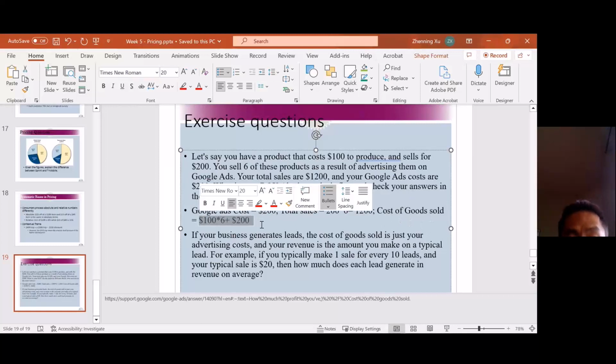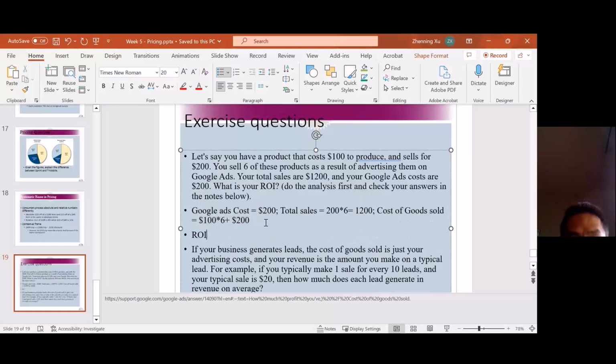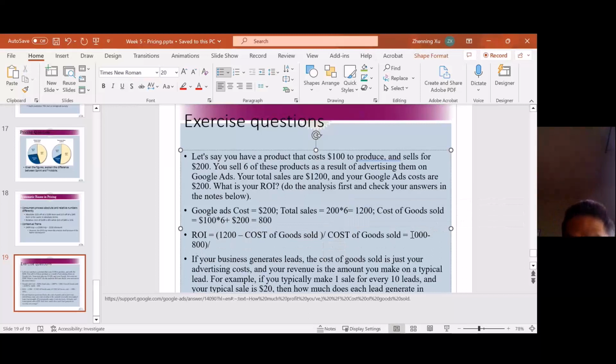Now, if you do the math, ROI equals 1200 minus 800, divided by 800.